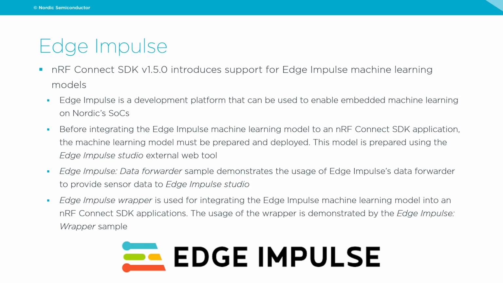This is showcased with the Edge Impulse Data Forwarder sample. The second step is machine learning model preparation, which is executed by Edge Impulse Studio. And finally, the third step is machine learning model integration. For this, you use the Edge Impulse Wrapper, which is demonstrated by the Edge Impulse Wrapper sample.